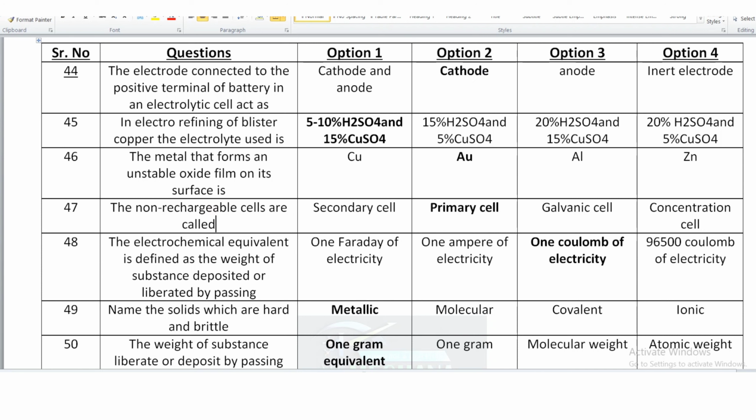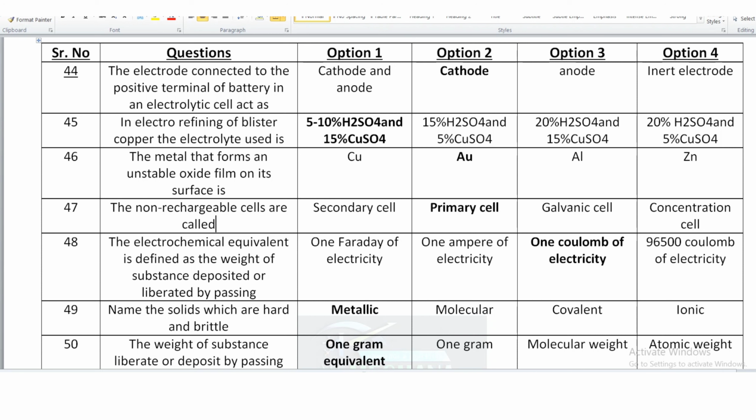The non-rechargeable cells are called primary cells, while secondary cells are rechargeable cells. The electrochemical equivalent is defined as the weight of substance deposited or liberated by passing 1 coulomb of electricity.